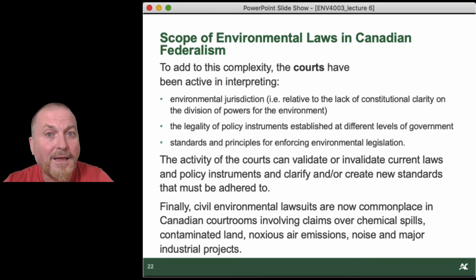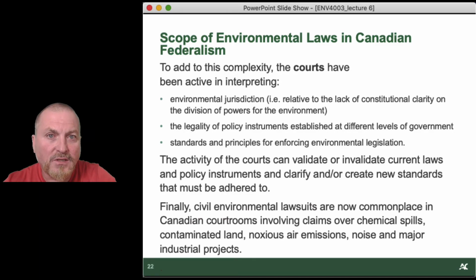Now we have NGOs being very active in taking civil cases to the courts, okay? And we also have cases of liability and large awards being awarded to harmed people according to the courts and so on, right? So we have that whole additional layer also, which can be very advantageous for promoting and pushing the environmental agenda, right?